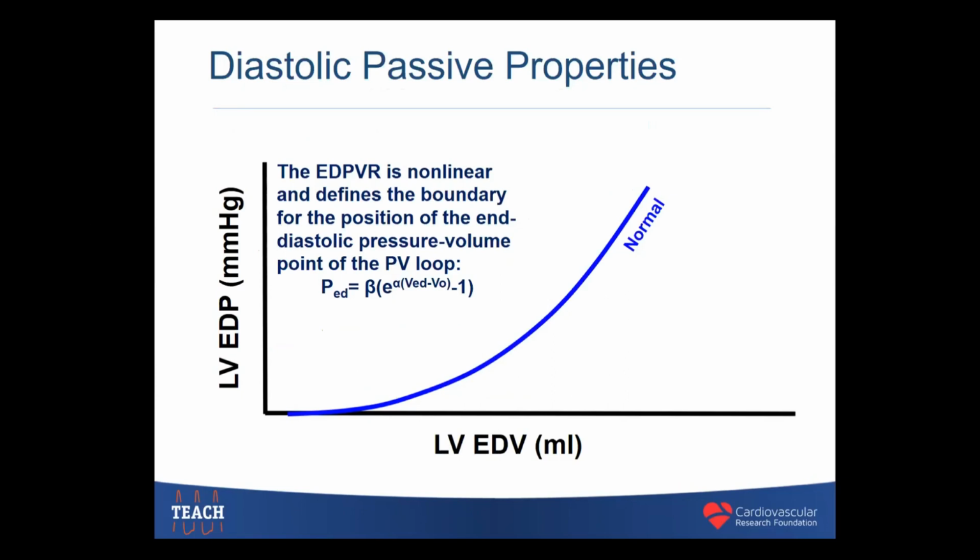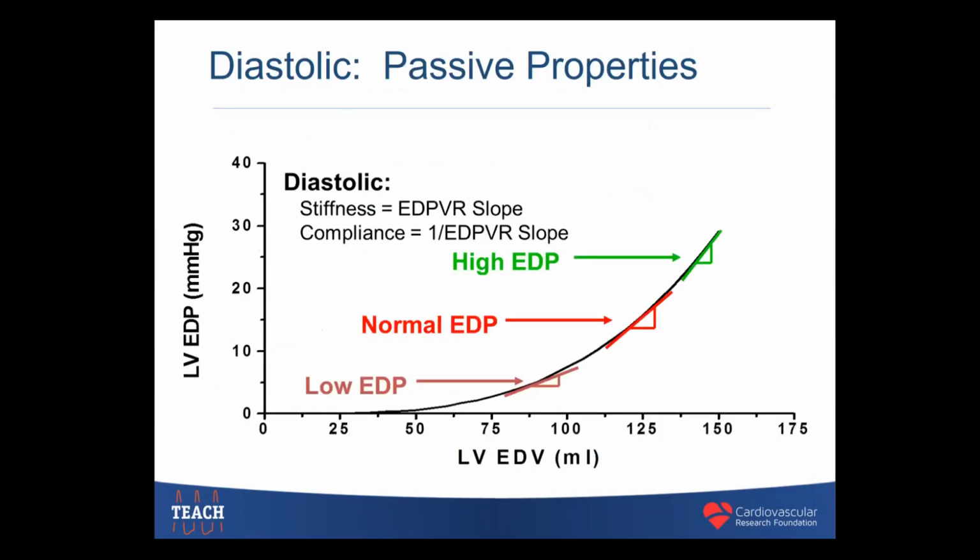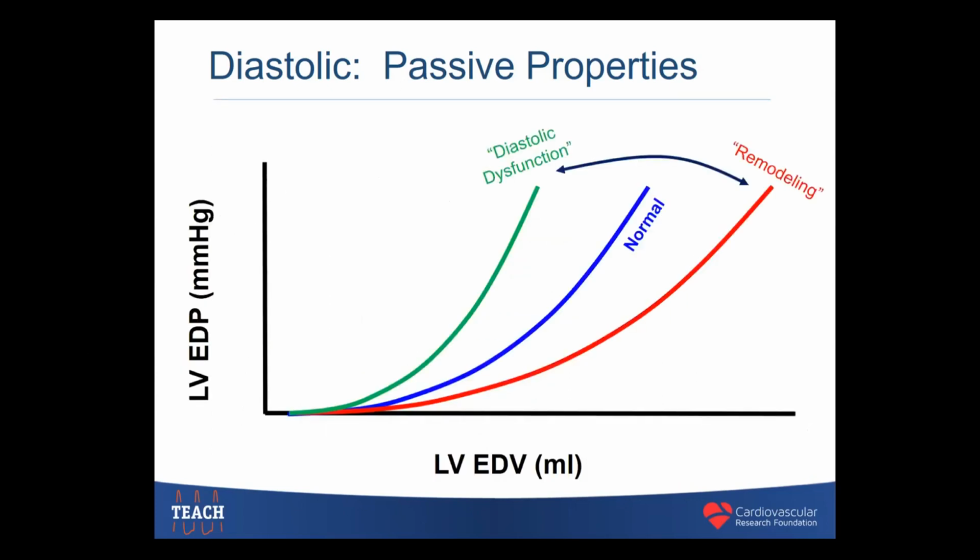And what you can see here is that for any given ventricle, right? Any given ventricle can operate on different points of its diastolic pressure volume relationship. So it can have normal filling pressures, it can have low pressures, and it can have high pressures depending on its volume. And the other thing to keep in mind is that as ventricles remodel, this relationship changes as well.